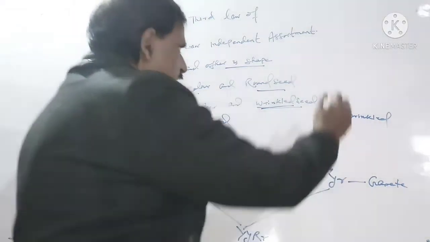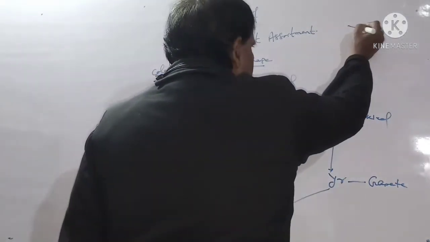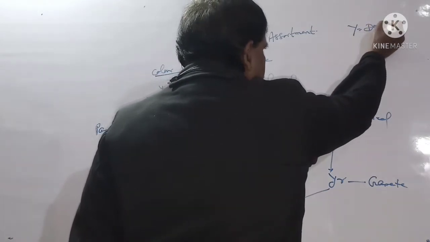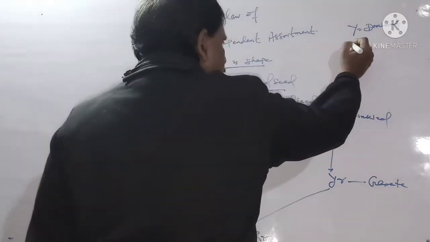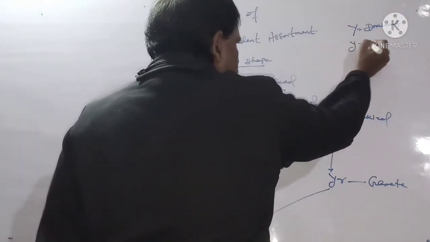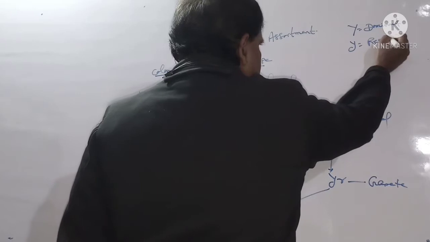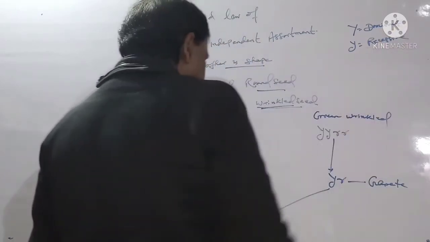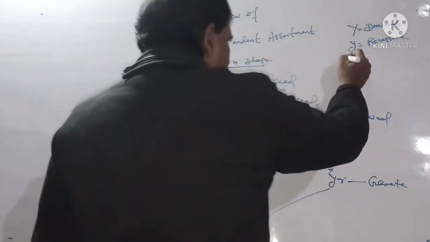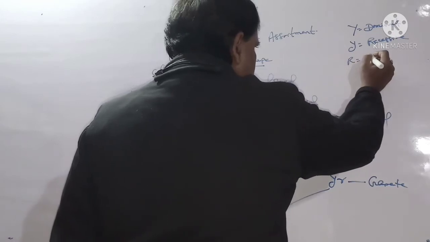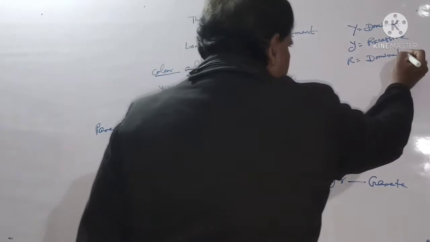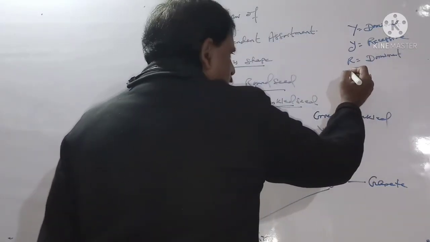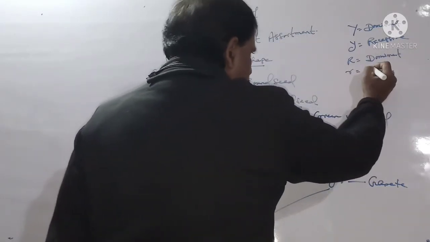The capital Y is dominant and the small y is recessive. That is called contrasting character. Capital R is dominant for seed and the small r is recessive.